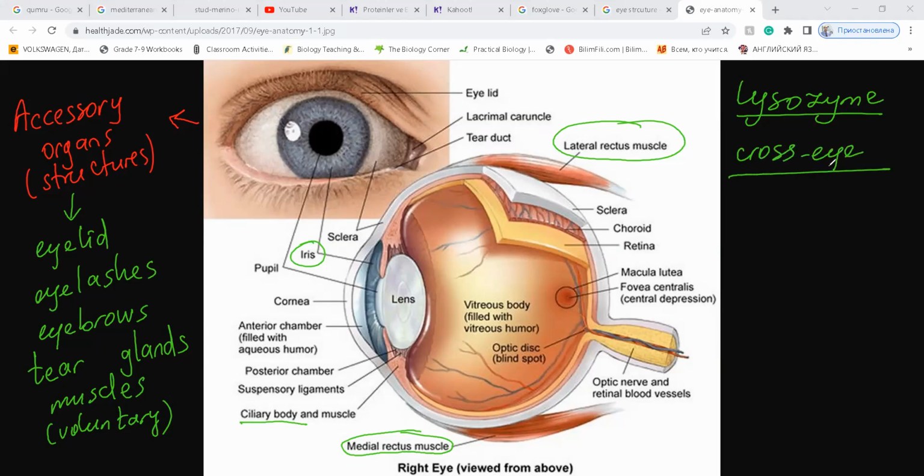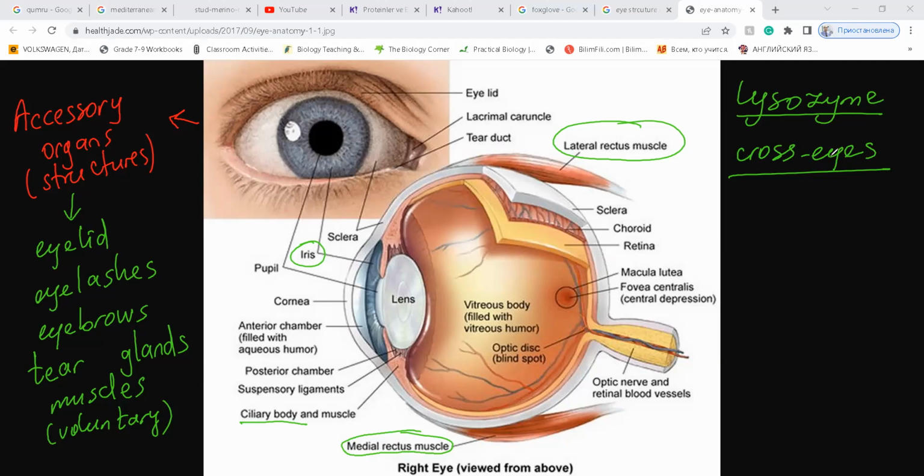Yes, cross eyes. So the reason why people have crossed eyes is related with these muscles. Let's say that these muscles are becoming weak or there's damage. As a result, they can't keep the eyes at the right angle. This condition in biology is known as cross eyes, don't forget. So these are the accessory organs.